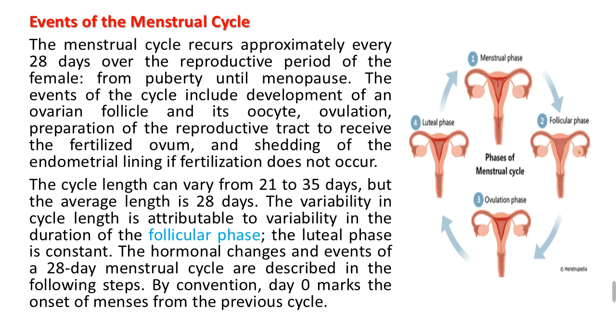Why? Because it lasts from the time of ovulation until the menstrual period. The hormonal changes and events of the 28-day menstrual cycle are described in the following steps.